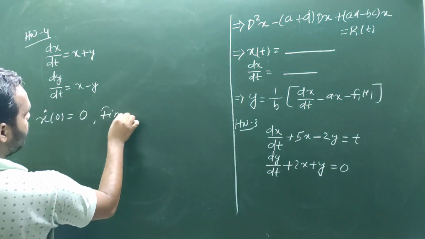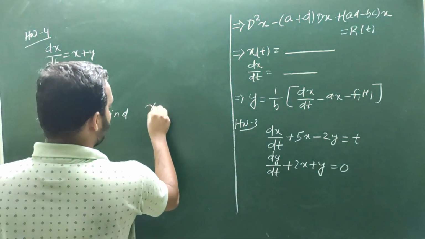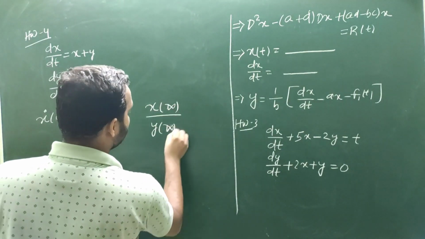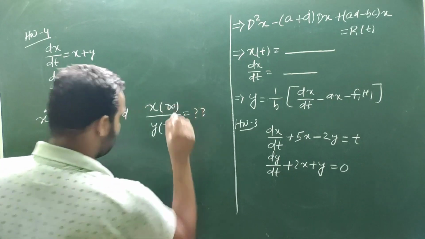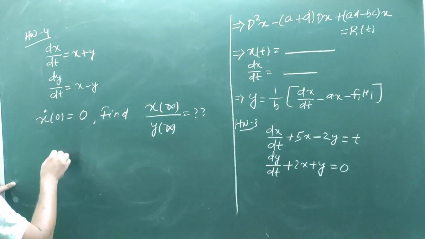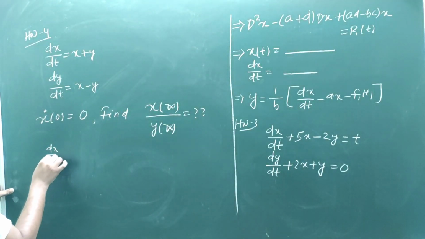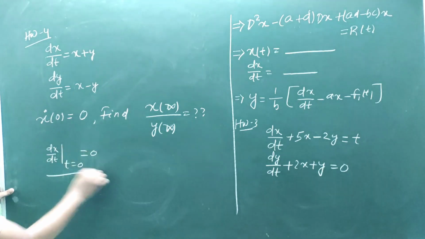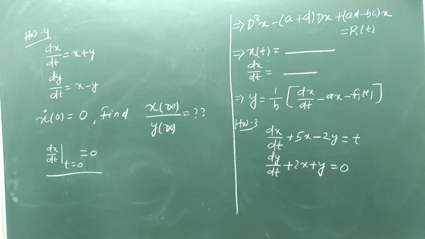Then you have to find out the value of x at infinity divided by y at infinity. And remember, this x dot is dx by dt. Then you have to put t is equal to 0. This is this condition.